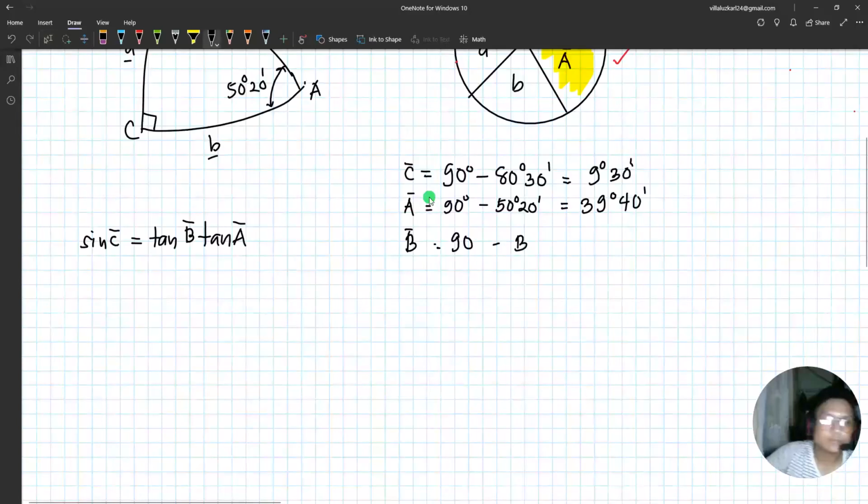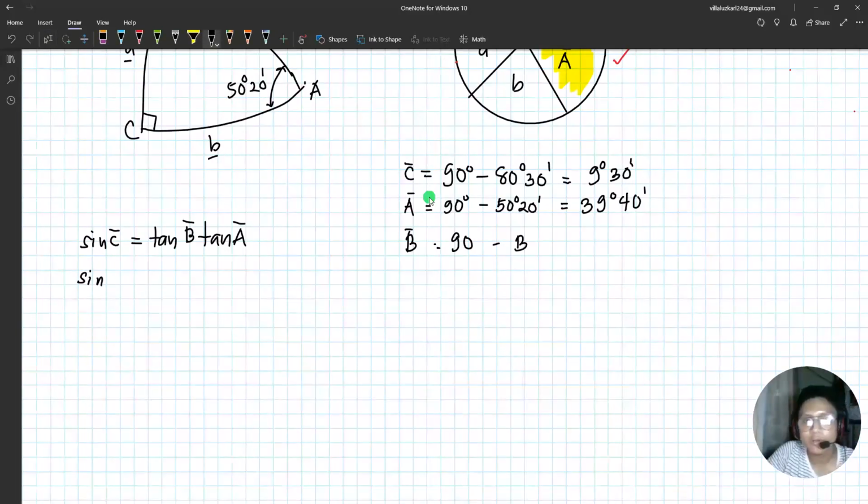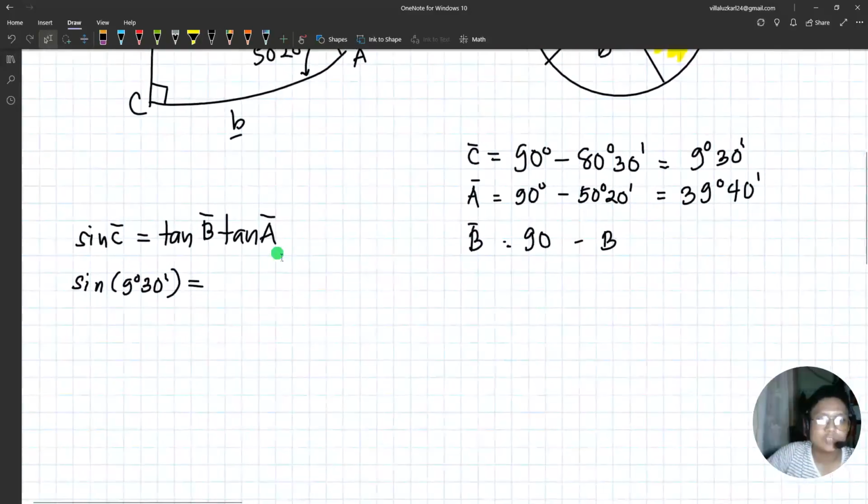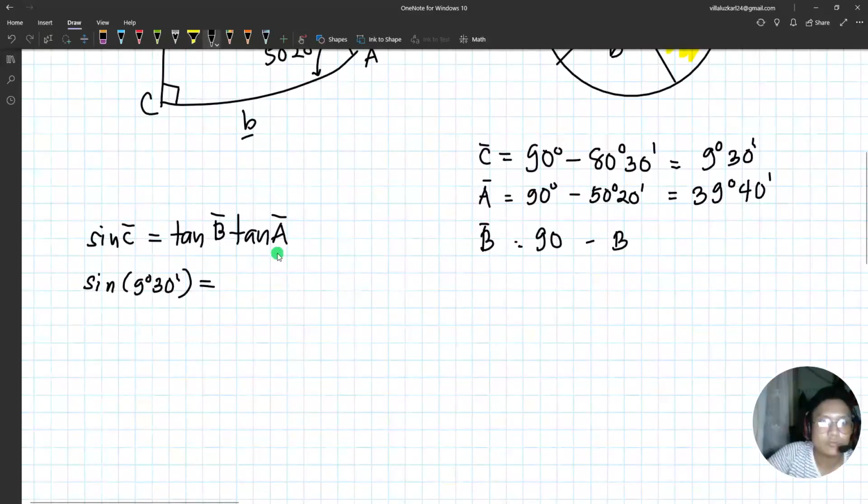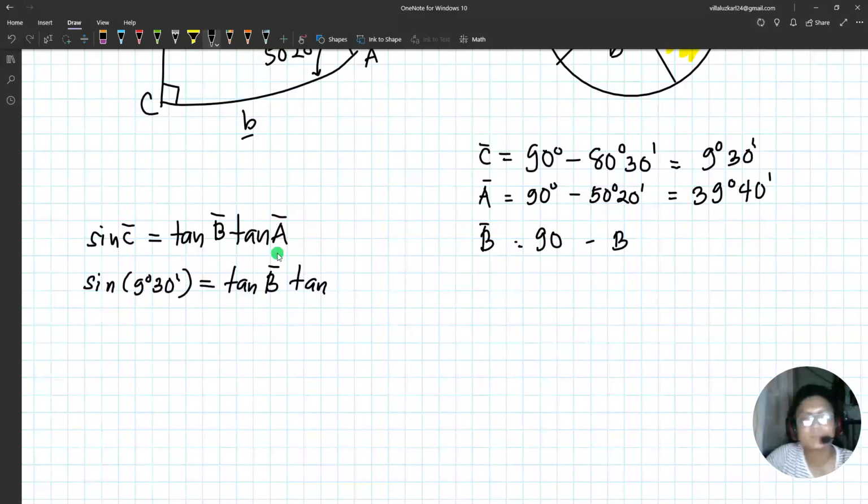Okay, then substitute sine of bar C, which is 9 degrees and 30 minutes, equals tangent of bar B, which is unknown, times tangent of bar A, which is 39 degrees and 40 minutes.